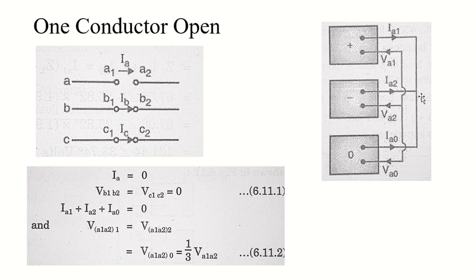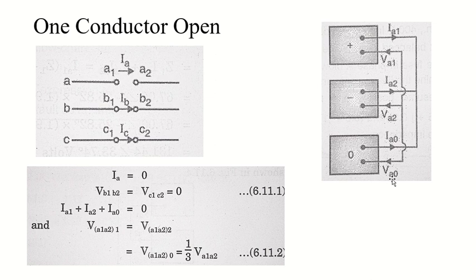Ia1 is going, and Ia2 and Ia0, the current coming out meeting here, which means the equivalent is 0. Va1, Va2, Va0, all three going in. So what does it indicate? It indicates that open conductor condition leads to an equal series voltage drop in all three sequence networks in the direction of current flow. Pretty much simple.